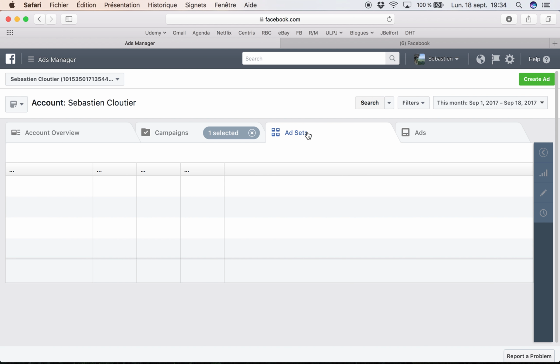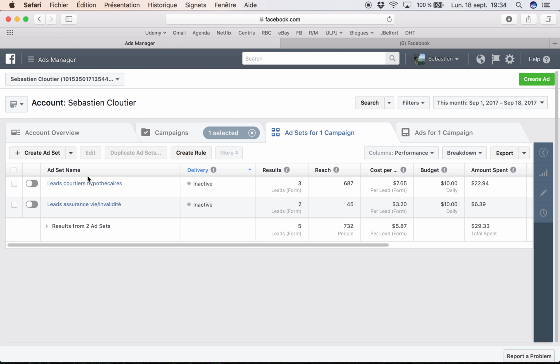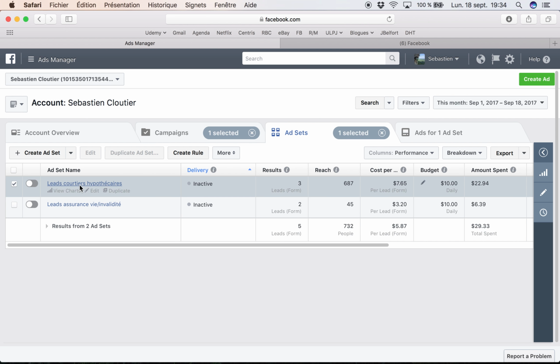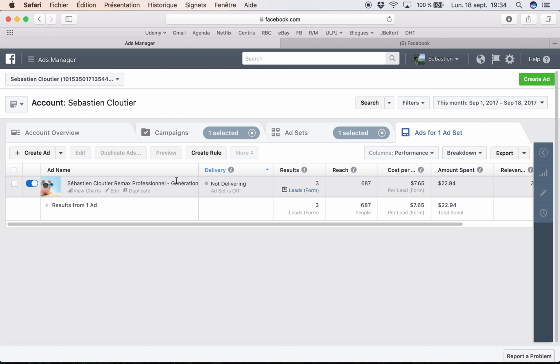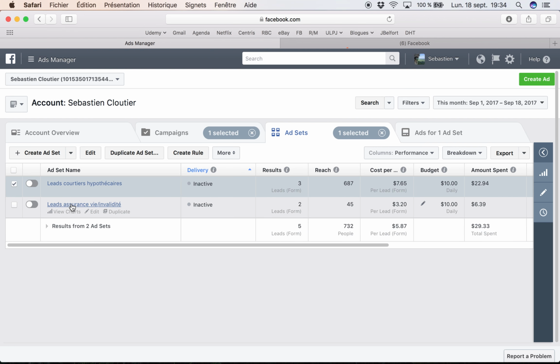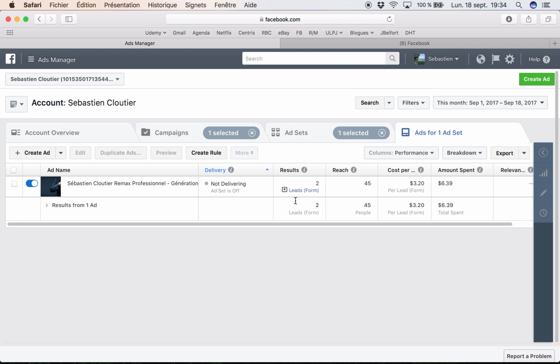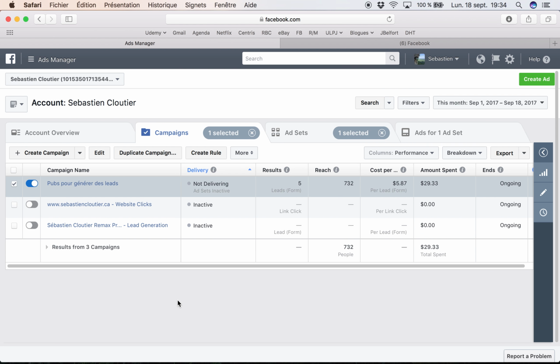Within a campaign, you can have many ad sets, depending on what you want to do. And in your ad set, you can have your specific ad. It's just my style, but I run one ad at a time. Some people will run 3, 4, 5 ads at the same time and compare the results of each, so they can have an A/B split test with everything, however that's called. But anyway, that pretty much covers it.